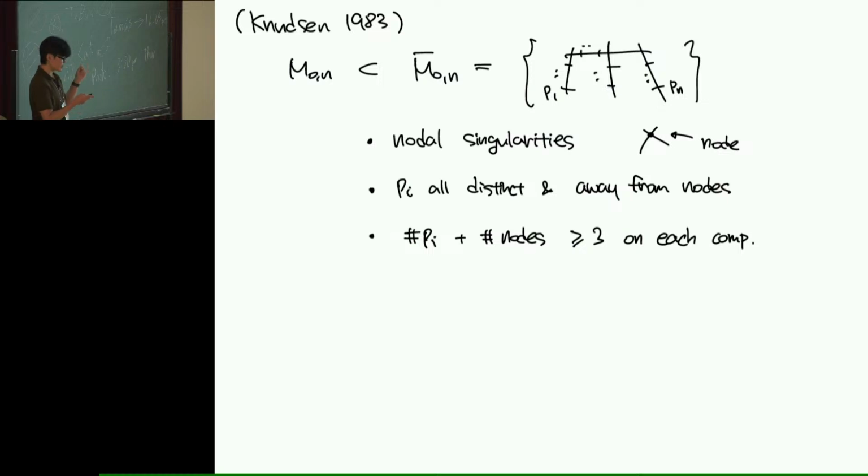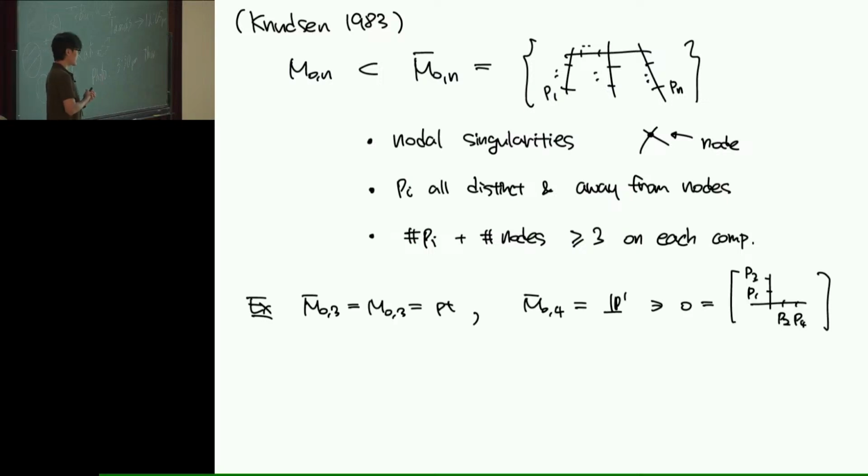But here we allow nodal singularities, which means at the nodes, it locally looks like xy equals 0 in a two-dimensional affine space. And every marked point should be distinct and away from the nodes. And also, the number of special points, the markings or nodes, on each component should be at least 3. So this is how he compactified the space.